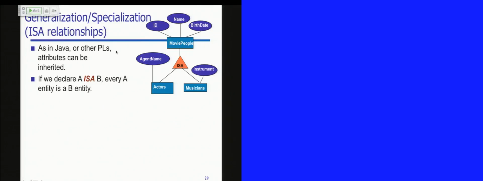So similar to Java or other programming languages, we can have one entity and we can inherit from that entity. So we have movie people, and we can inherit from that movie people to have actors or musicians. So you can be an actor, which is a movie people, or you can be a musician playing music for a movie, but you're also considered a movie people.